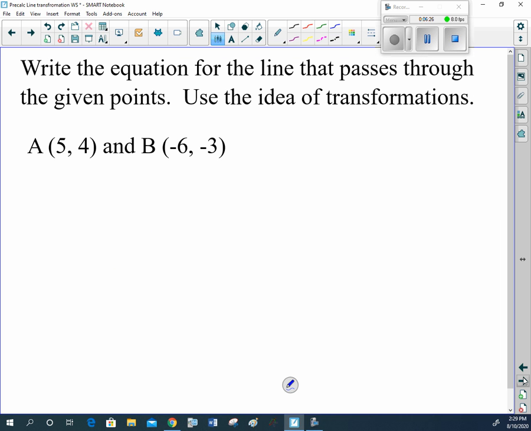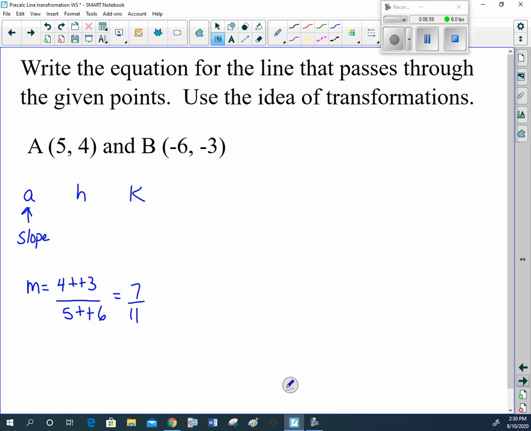Okay, this one says write the equation for the line that passes through the given points. Use the idea of transformation. So once again, we need an A, an H, and a K. Remember, A is your slope. That's your vertical stretch and shrink, your rate of change. So to find the slope between two points, we're going to do a difference in y over difference in x. So 4 subtract negative 3 over 5 subtract negative 6. We end up with 7 over 11, so there's our slope.